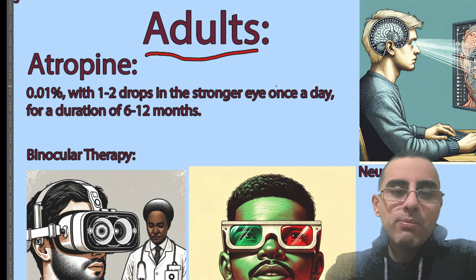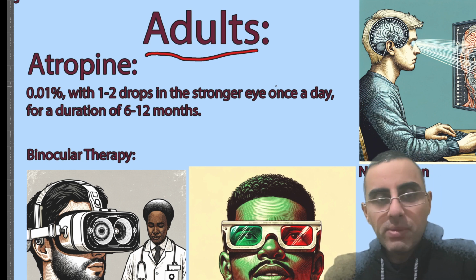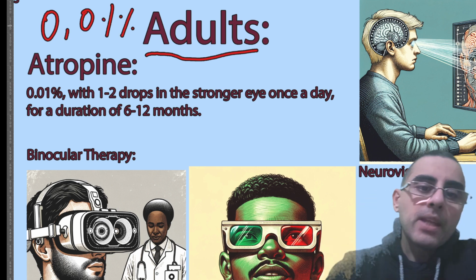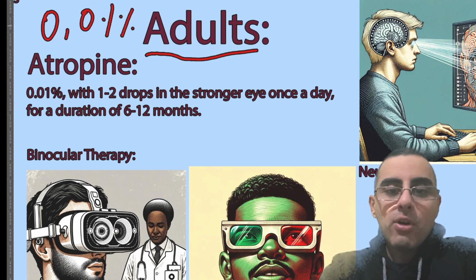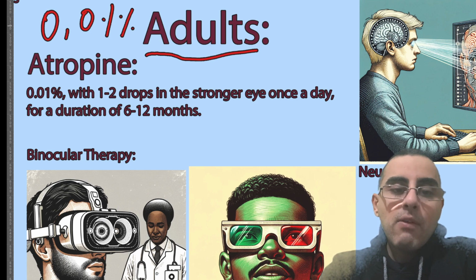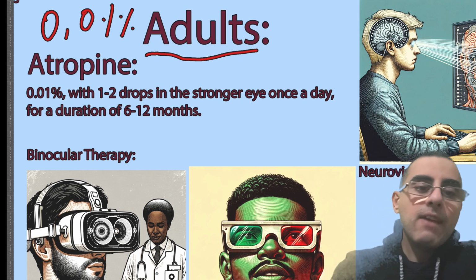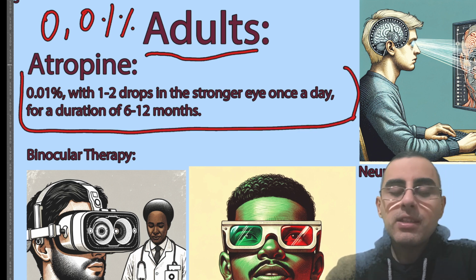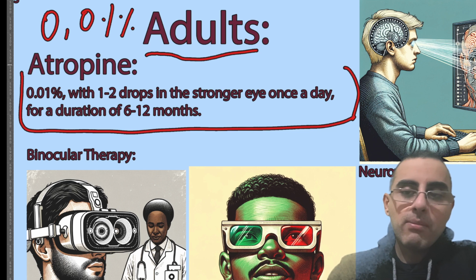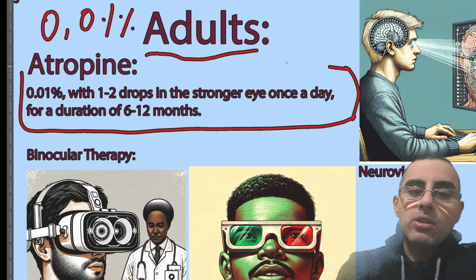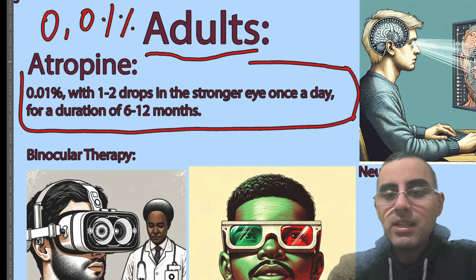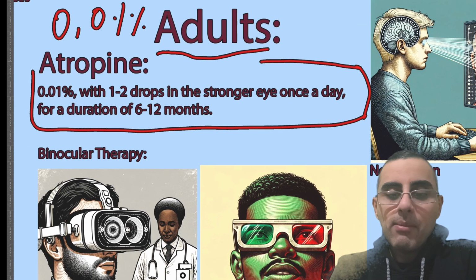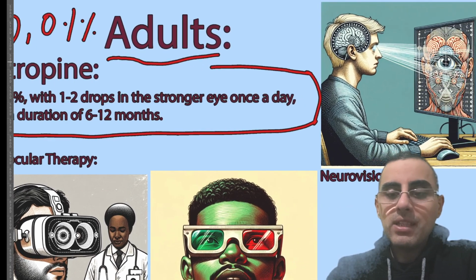For example, low dose atropine therapy, 0.01% atropine, 1 or 2 drops once a day for 6 months, had an effect in adults. So atropine has some important effectiveness among adults too. Not such high results as in young kids, but in adults atropine also has some degree of effectiveness.